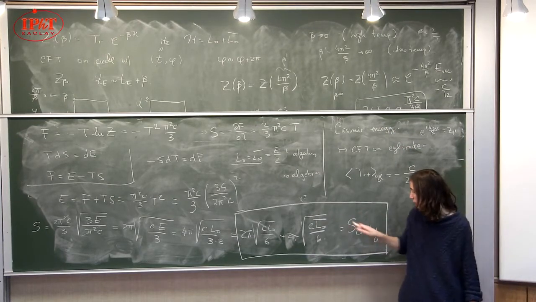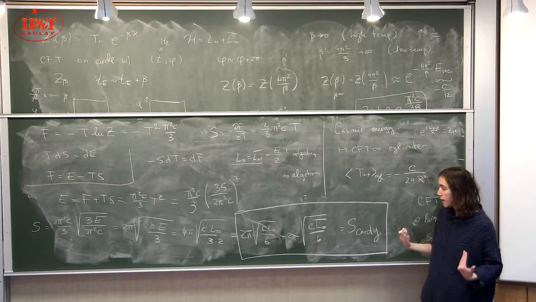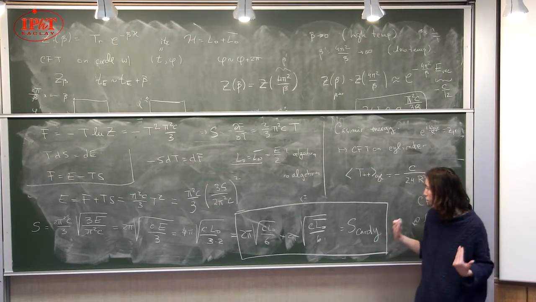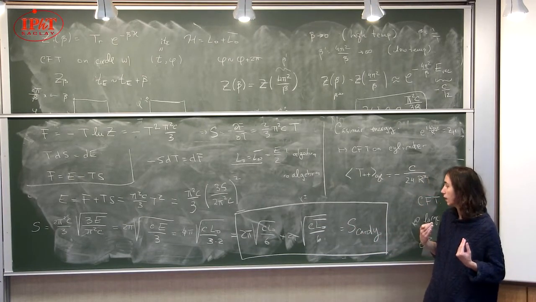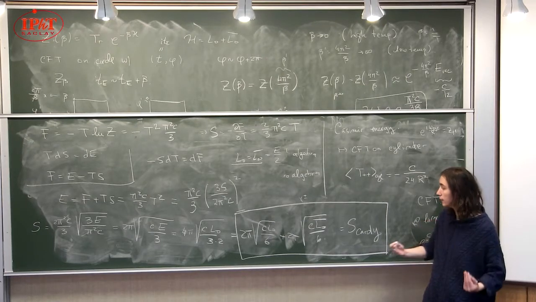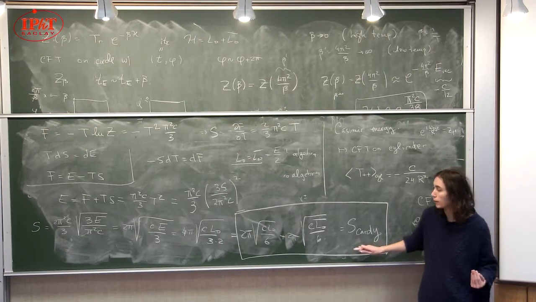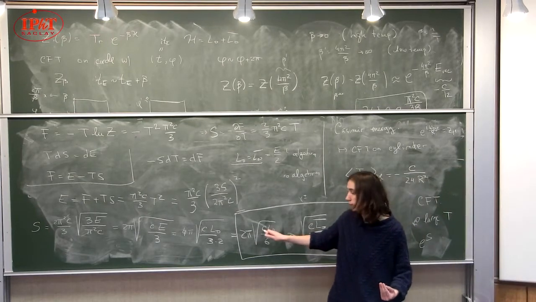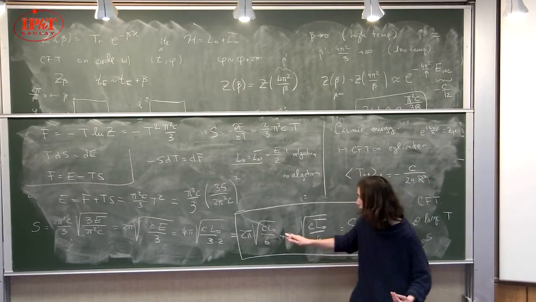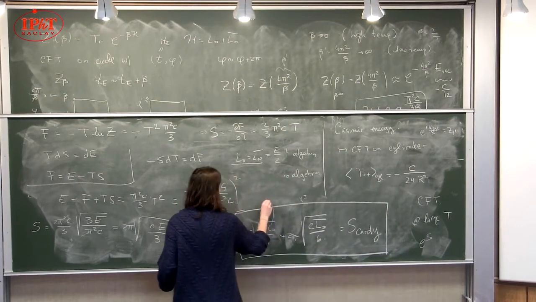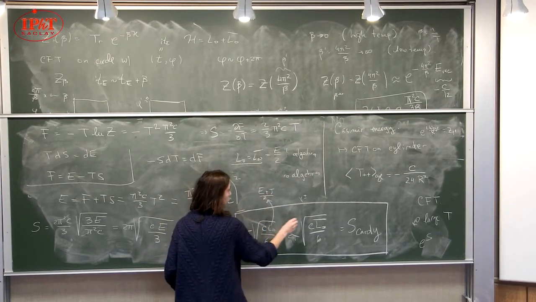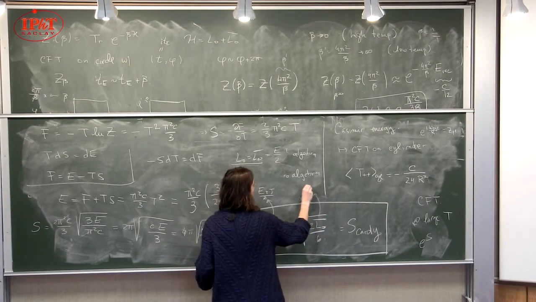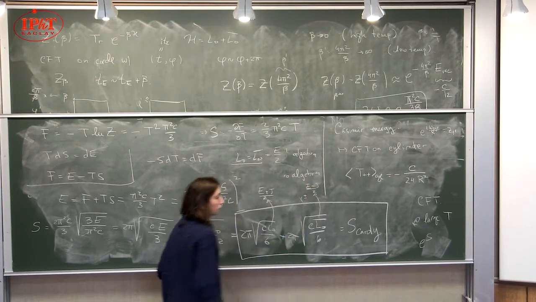And what you get is that the entropy of a conformal field theory at high energies is given by this absolutely universal formula, which only involves the central charge, and L0 is (E plus J)/2 and L0 bar is (E minus J)/2.